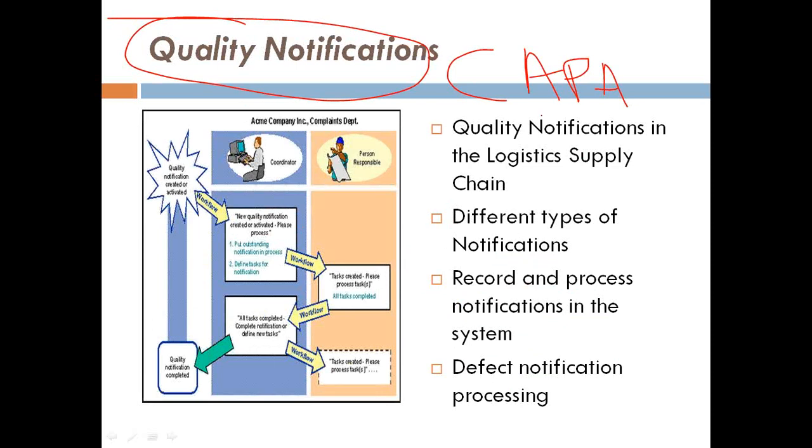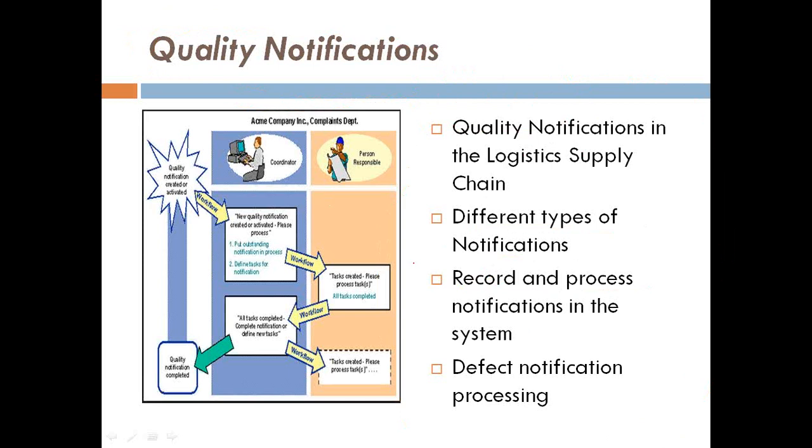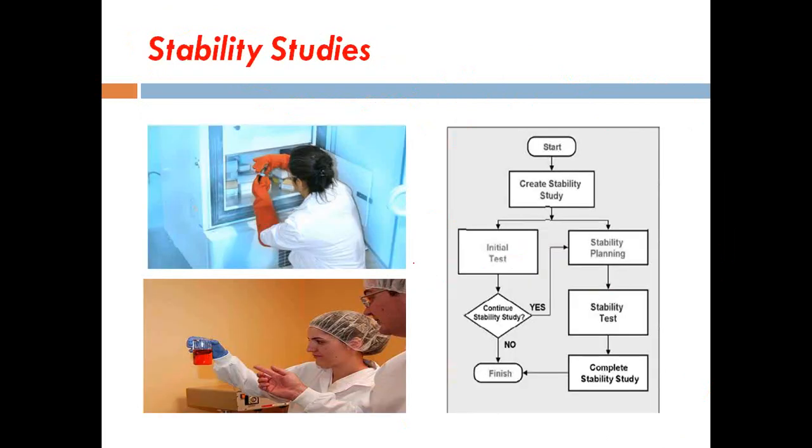And then what corrective action you are going to take, what preventive action you are going to take. You will document these things in the quality notification. What are the different types of notifications we have? How to create them, how to record them, how to process them? All those things we will learn. So that is quality notification.